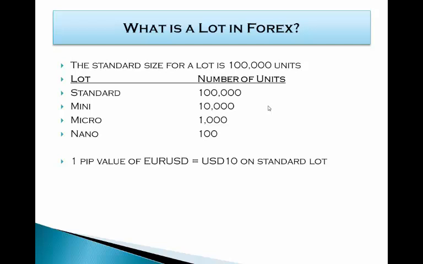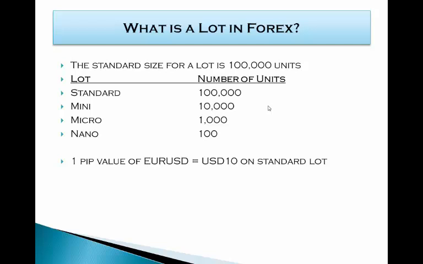So if the market moves 10 pips, how much is it roughly equivalent to in dollar value? One pip in a standard account, a standard lot, is more or less equivalent to $10 US. So when the euro dollar has moved 20 pips, it means 20 pips multiplied by $10 per pip, so it has moved $200 in money value.